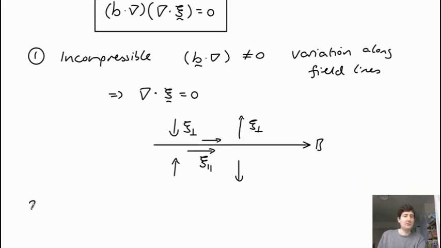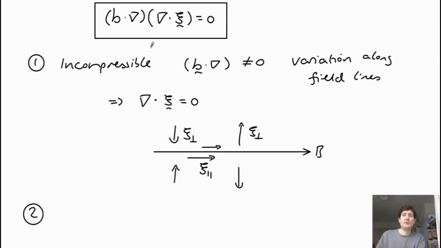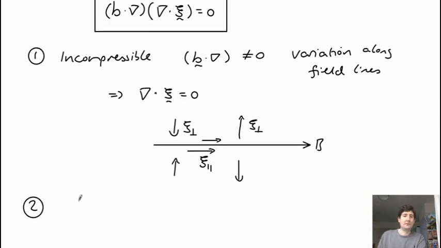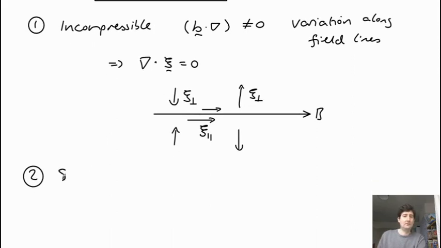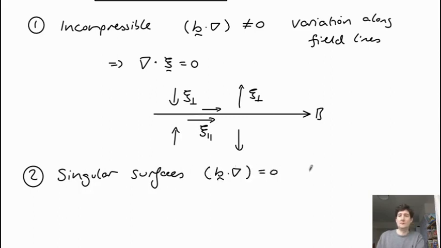In some particular locations, however, you can have cases where the b dot grad is equal to 0. And so in singular surfaces, these are called. So we have the b dot grad equals 0. So this is constant along field lines.